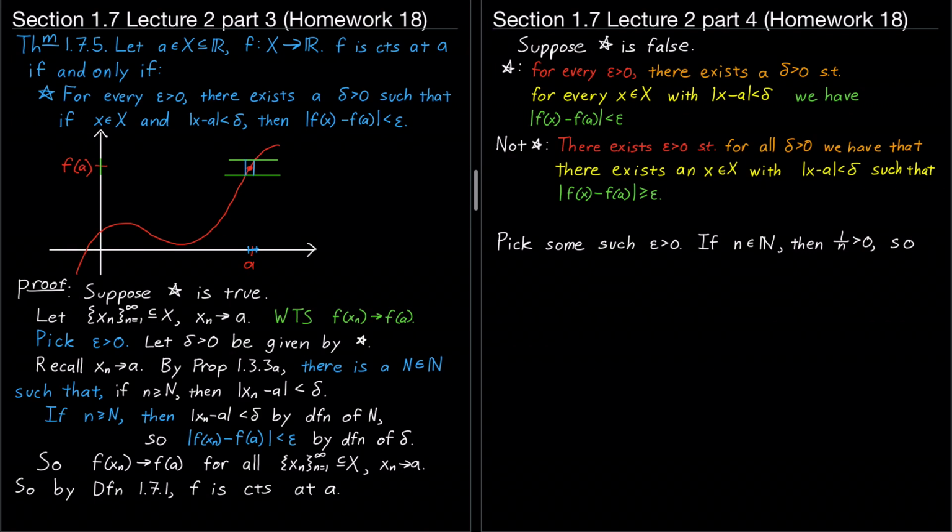So there exists an x in X with absolute value of x minus a less than 1 over n, and the absolute value of f of x minus f of a is greater than or equal to epsilon.